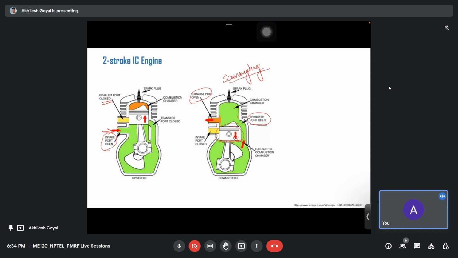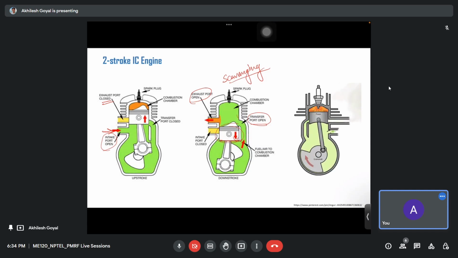So this can be seen in this small animation. As the piston goes upwards, the intake air fuel mixture comes in, and as the piston goes down, the transfer port opens, and these gases go into the cylinder.